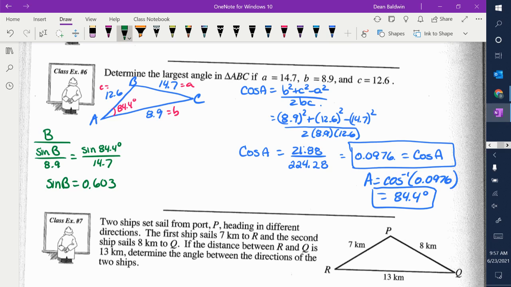Is that what other people got? So B is equal to 37.1 degrees. So once you know that one, how do you find C? There you go. So C, we just subtract from 180.